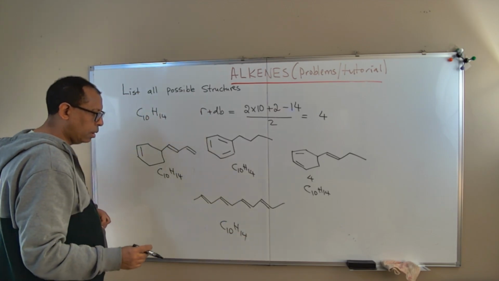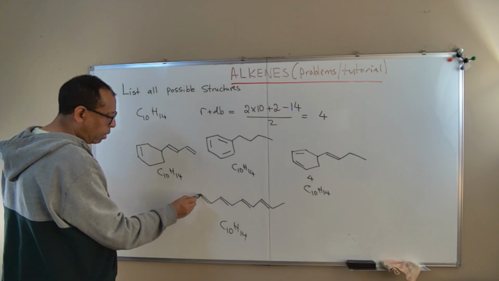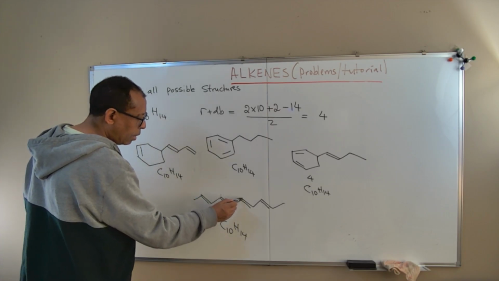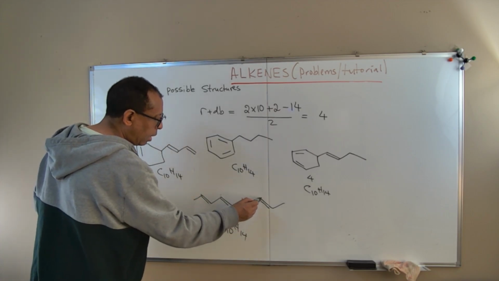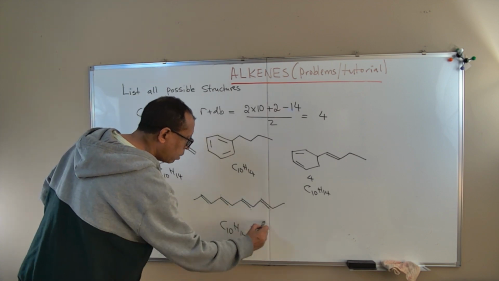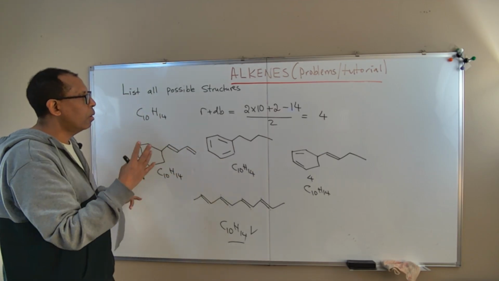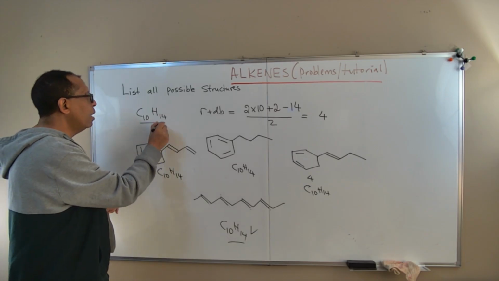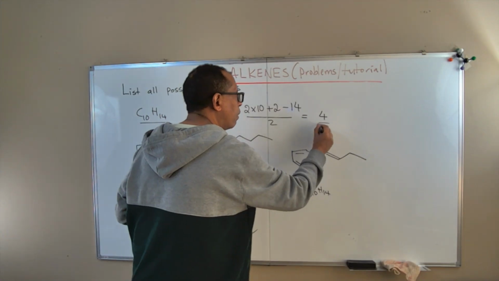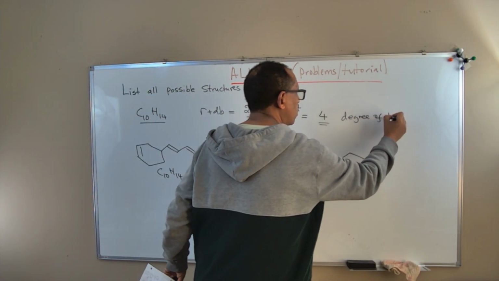Let me count the number of hydrogens. 3 hydrogens here, 4, 5, 6, 7, 8, 9, 10, 11, plus 3, 14. So this is also correct. So the question was to list all possible structures that satisfy C10H14 with 4 degrees of unsaturation.